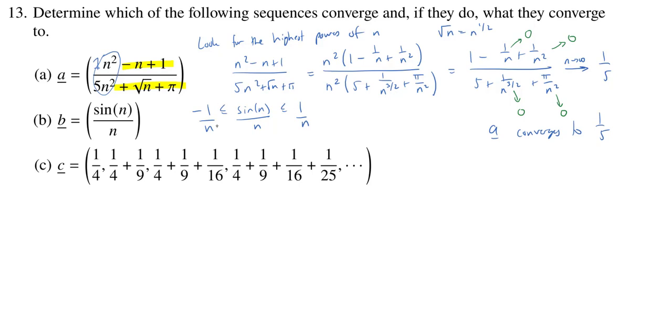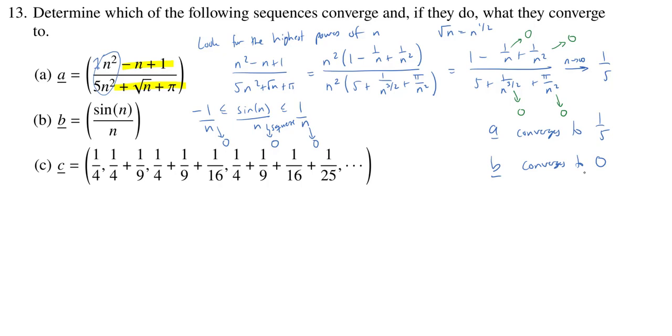And -1 over n goes to 0 as n goes to infinity, and 1 over n goes to 0. But that means that sine of n over n, which lies in between these two expressions, which both go to 0, must also, by the squeeze theorem, go to 0. And so we conclude that B bar converges to 0.